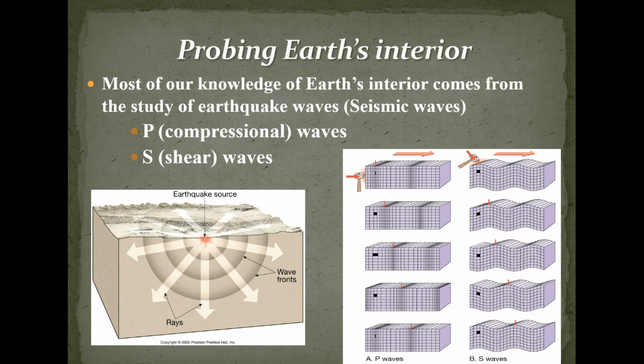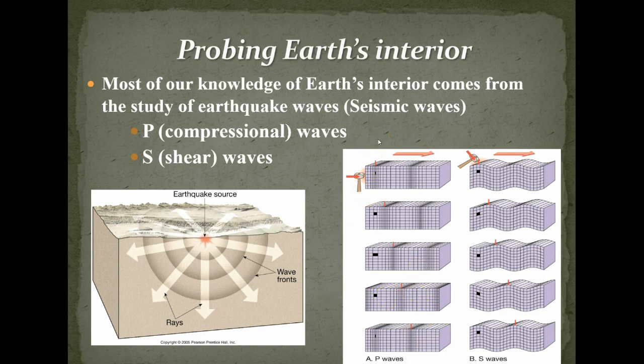The two images are showing you, in this first one, if an earthquake happened at this point, energy from that earthquake would radiate out in all directions across the top. Both P and S waves happen during that. This first column is P waves, compressional waves, and that is almost like an accordion.